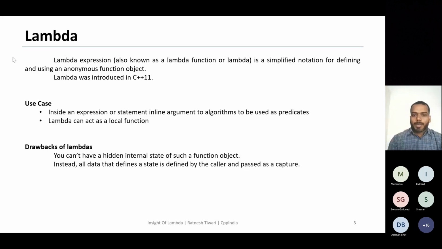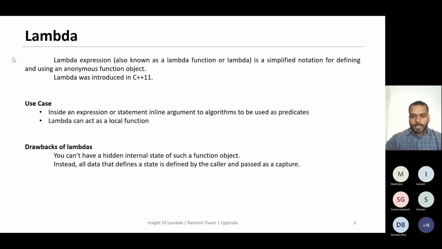Lambda functions are used to implement anonymous functions, and they implement it with the help of an object, which is a function object in C++. It was introduced in C++11 and then evolved throughout the different versions of C++.